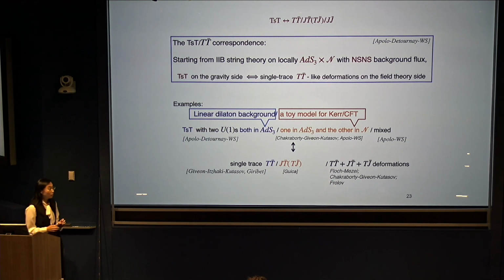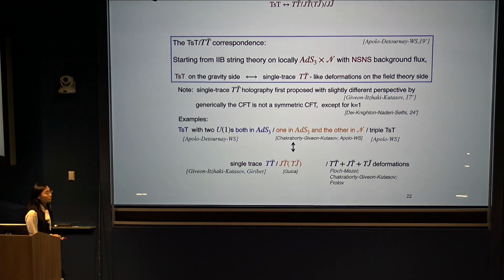Sorry, I have a naive question. In the previous slide you said that the original proposal for generic CFT, but this single trace TTbar only applies to the symmetric part. Why does it not exist for the non-symmetric CFT? Well, at the moment the definition of the single trace depends on the symmetric product structure.